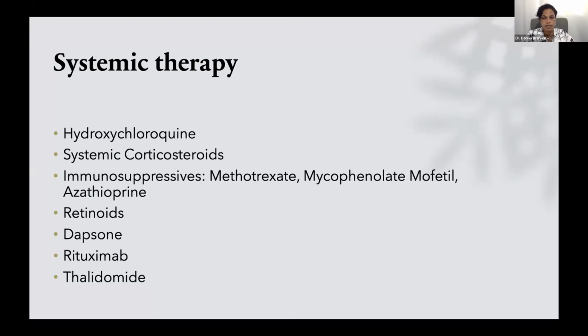The immunosuppressants commonly used are going to be methotrexate, mycophenolate mofetil, and azathioprine. Methotrexate and mycophenolate mofetil have been shown to be superior to the azathioprine, especially in the Black population. Retinoids can also be helpful, especially in discoid lupus. Dapsone can be helpful, especially in bullous lupus erythematosus. Rituximab can also be quite helpful, and thalidomide, especially in discoid lupus erythematosus.